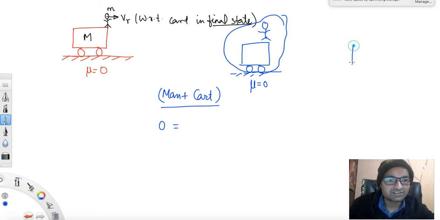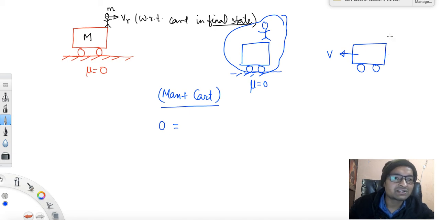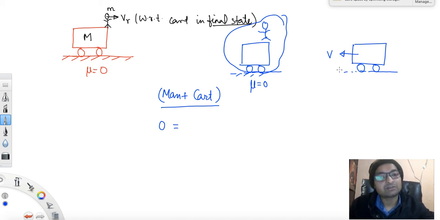For this, let's assume that the cart is moving in the backward direction when the man leaves the cart, because the man will exert an impulsive force in the horizontal direction, due to which the cart will acquire a velocity v in the backward direction, and I am assuming v to be the velocity of the cart after the man jumps off.